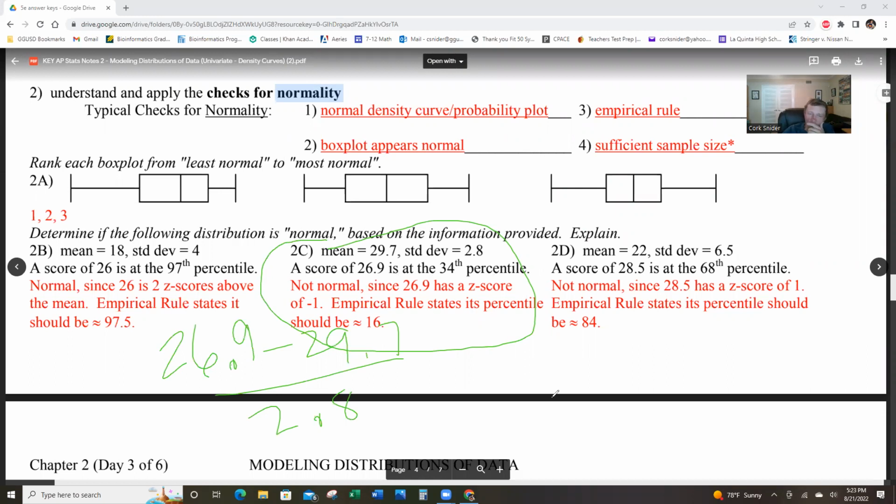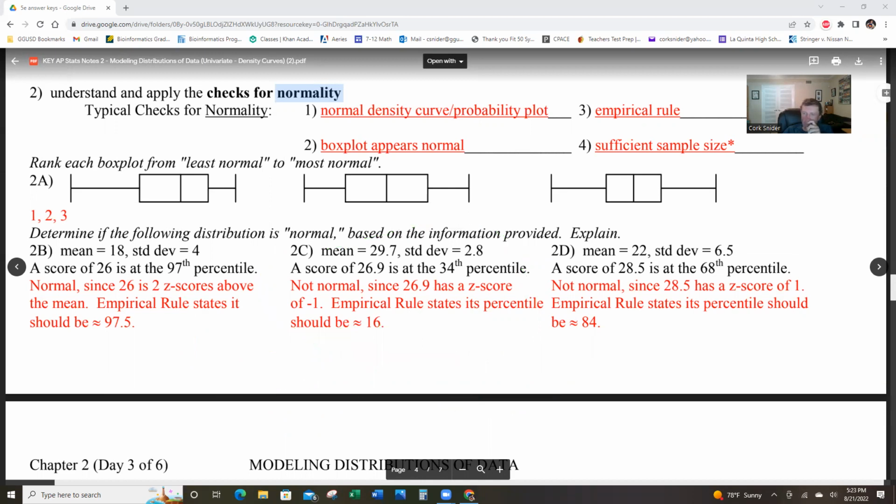That z-score is -1. And if you don't remember, a z-score of -1 is at the 16th percentile, okay? This says this is at the 34th percentile. So you would say pretty confidently this data in all likelihood is not normal, okay?